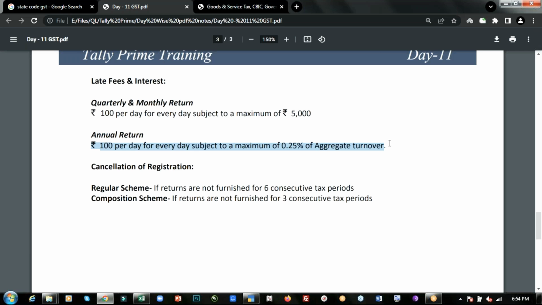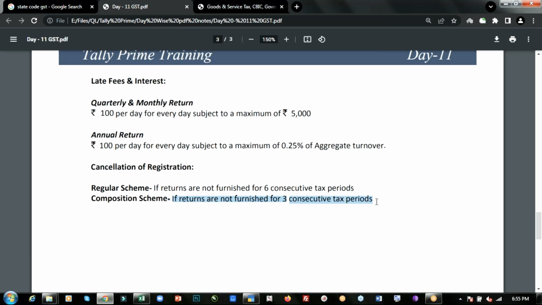But if you still do not file the returns for some specific period, in that case the registration can get cancelled. For regular dealers, if you are not filing the return for 6 consecutive tax periods, then the registration will get cancelled. If you are a composite dealer and you are not filing the return for 3 consecutive tax periods, in that case, your registration will get cancelled.